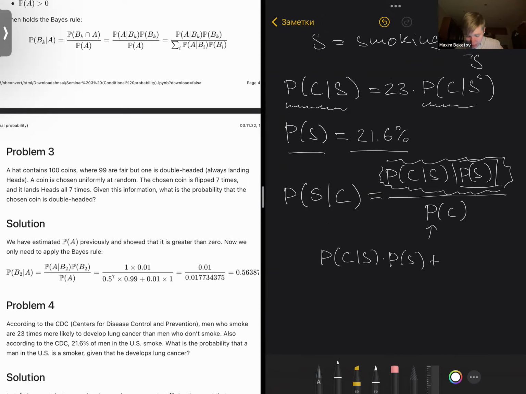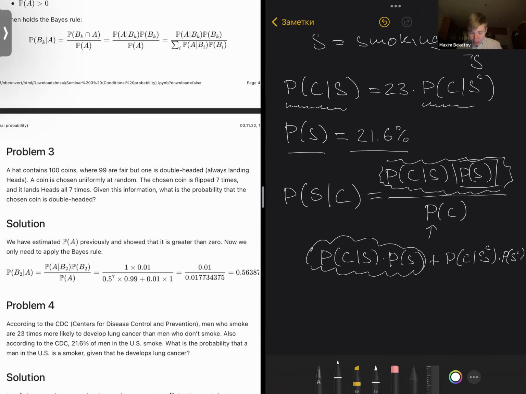Plus P of C given the complement times P of the complement.